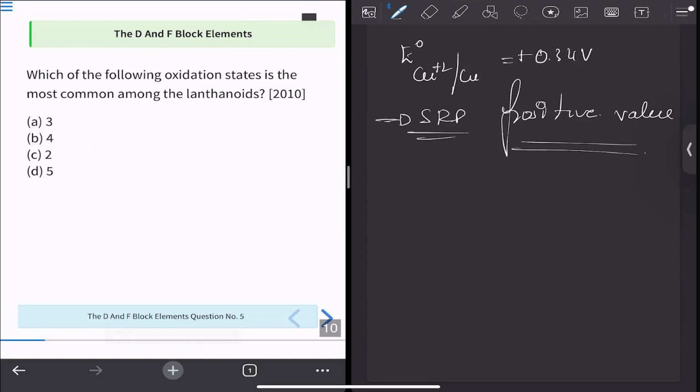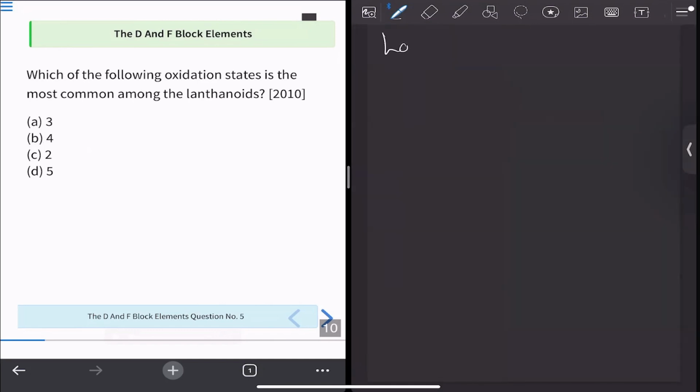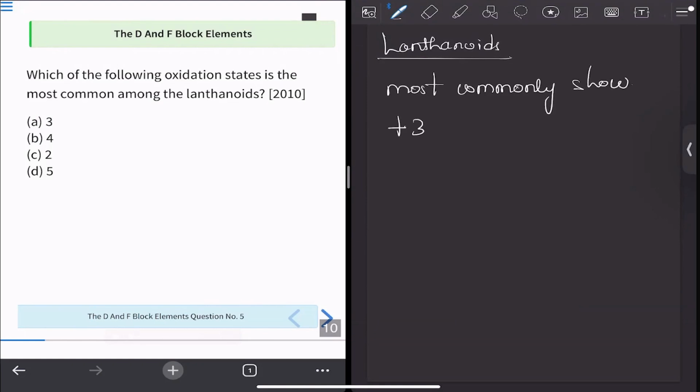Which of the following oxidation states is the most common amongst the lanthanoids? The question is about the lanthanoid series. We know that lanthanoids most commonly show the +3 oxidation state.